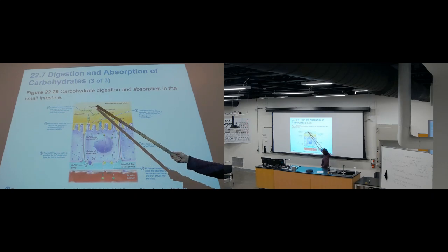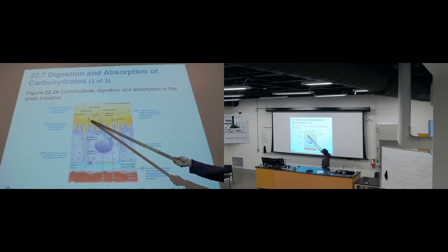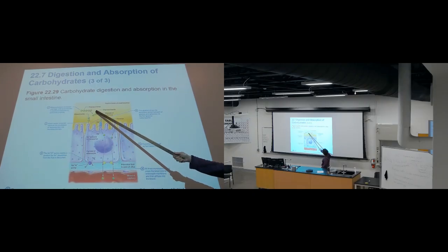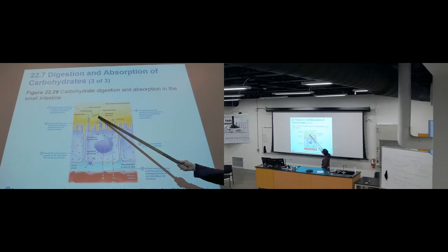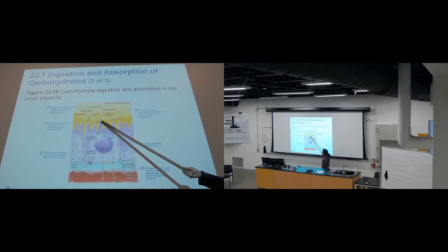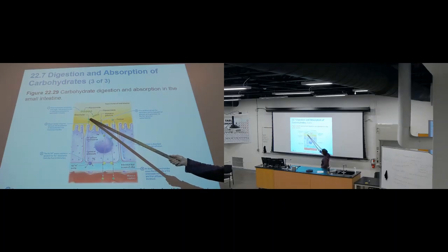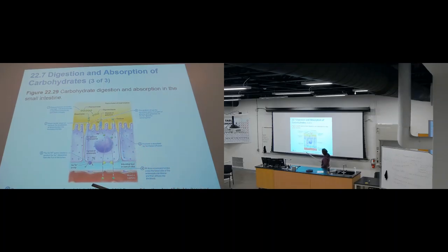And then these ones will be broken down into oligosaccharides first, so into shorter chains. And then after you break down these oligosaccharides, you can have monomers like glucose or galactose, and you can have dimers like disaccharides.